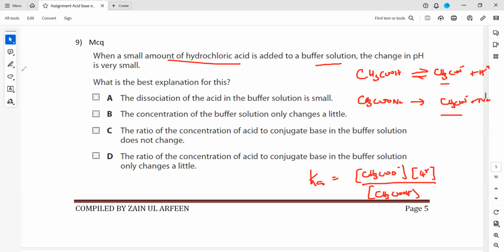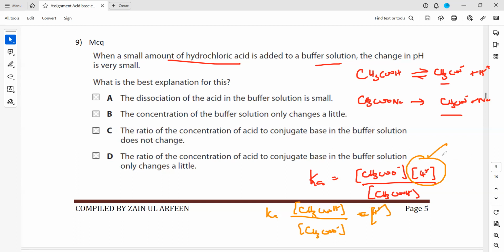So how do we justify that the pH of a solution is not changing? Because the pH of a solution depends on the hydrogen ion concentration. And the hydrogen ion concentration depends on Ka, the concentration of the CH3COOH acid, and the concentration of the salt, which is a conjugate base, CH3COO minus.